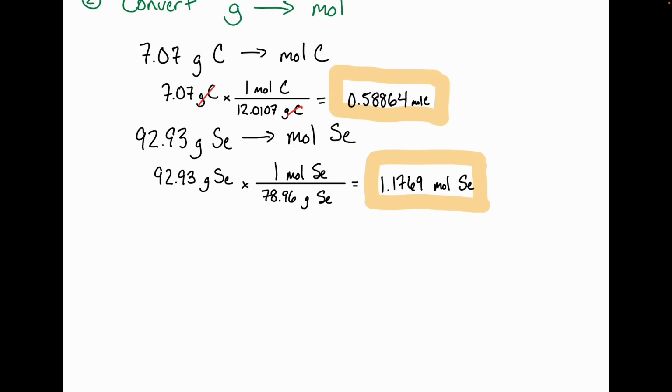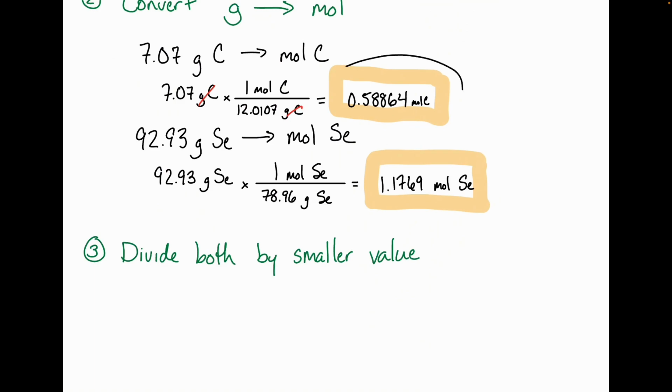We need these to be whole numbers, right? Well, a guaranteed way to make at least one of them a whole number is to divide both of them by whichever value is smaller, okay? So step 3 here, we're going to divide both by the smaller value. All right, so which one of these am I going to divide by?